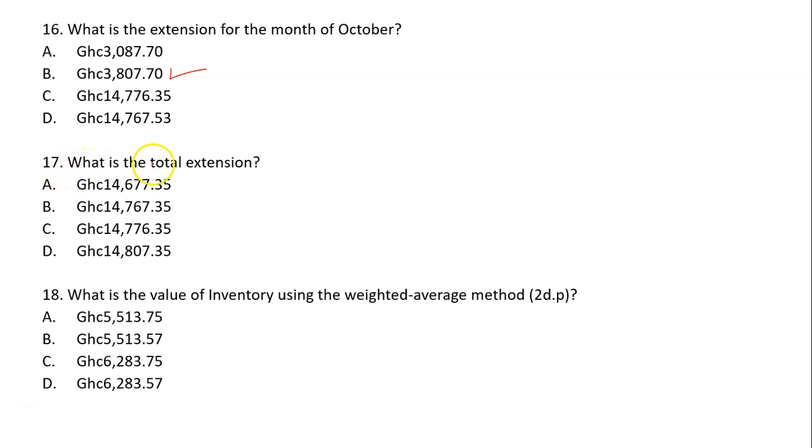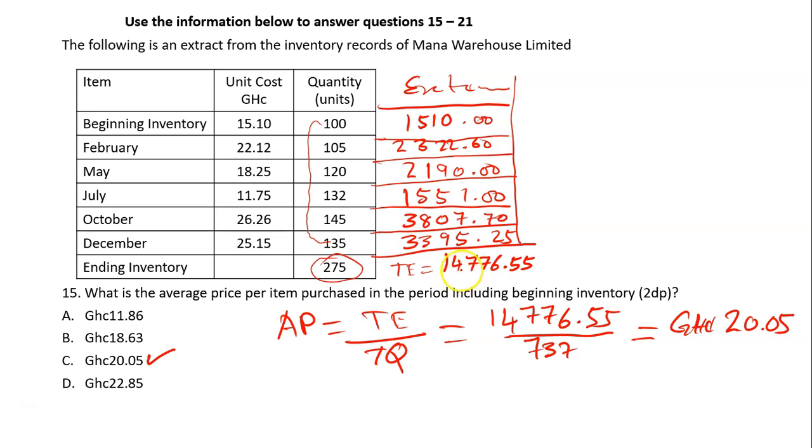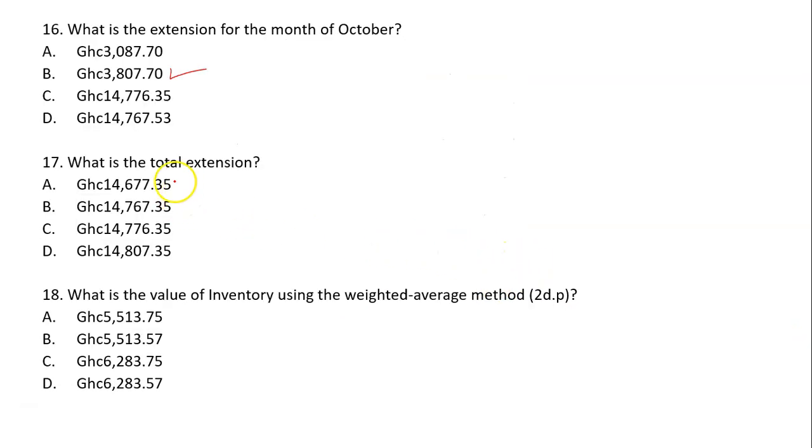17 says, what is the total extension? Let's check. The total extension was 14,776.55. So when we check, we can see 14,776, but this is 35.